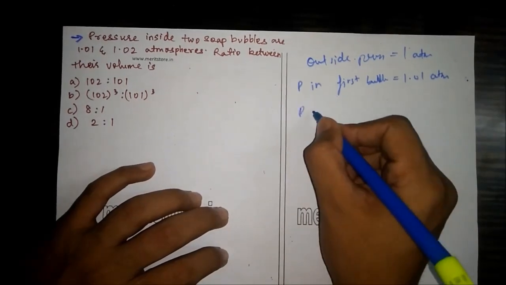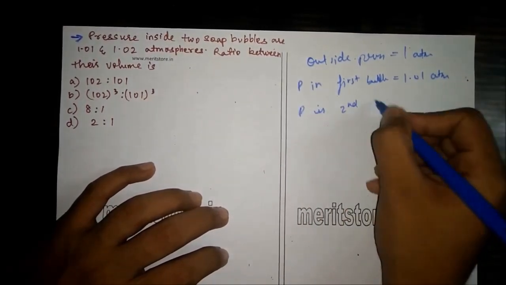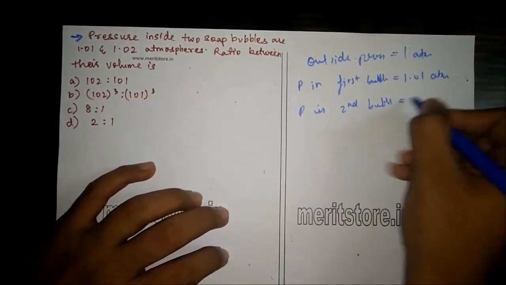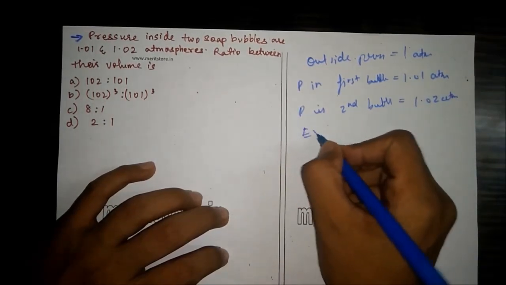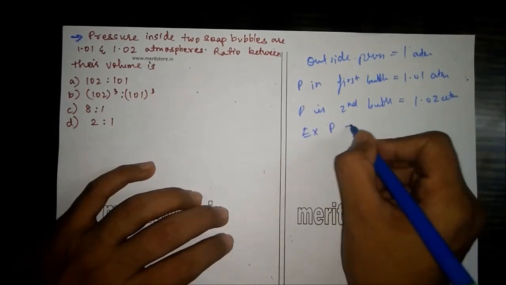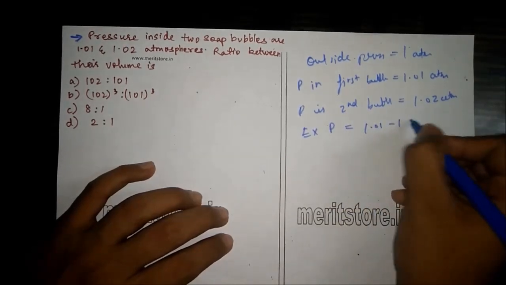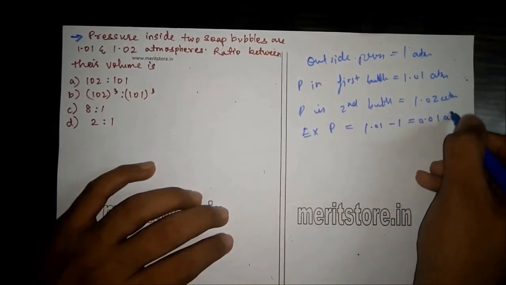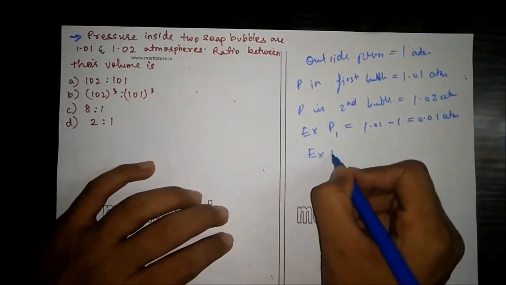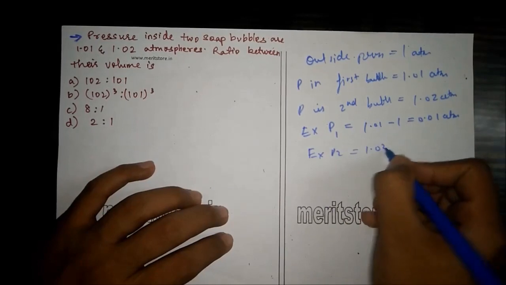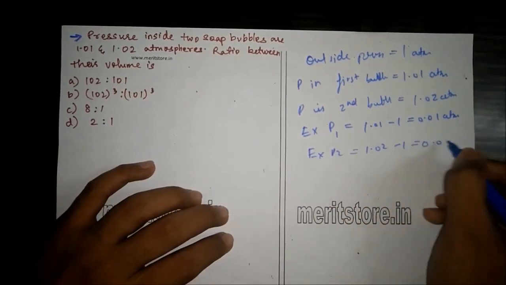The pressure inside the second bubble is equal to 1.02 atmosphere. Therefore, the excess pressure is equal to 1.01 minus 1, which is 0.01 atmosphere. This is excess pressure 1, and the excess pressure 2 is equal to 1.02 minus 1, which is equal to 0.02 atmosphere.